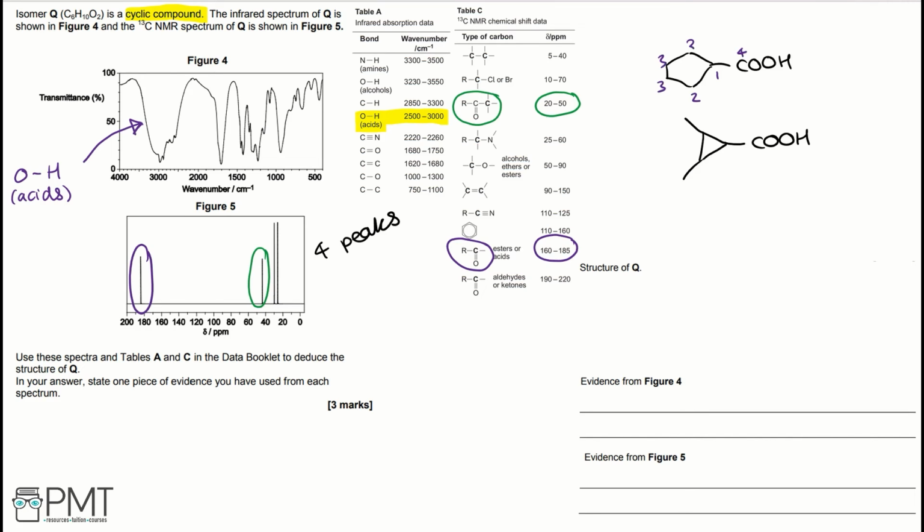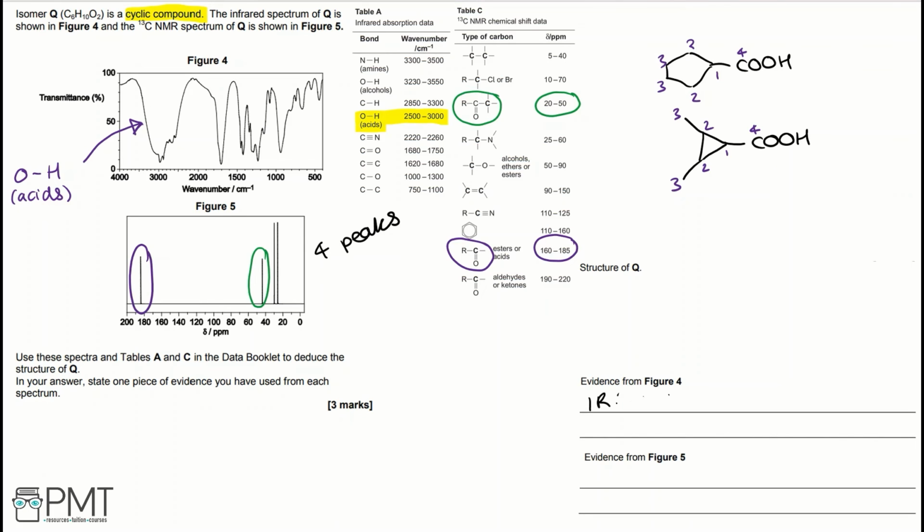And then numbering again, we've got 4, 1, 2, 3. So both of them have 4 carbon environments, so 4 peaks. They both have a carbon next to the carboxylic acid group. They both have a carboxylic acid, so it's matching all of the data that we've been given. So if we talk about the evidence from figure 4 and figure 5 now.